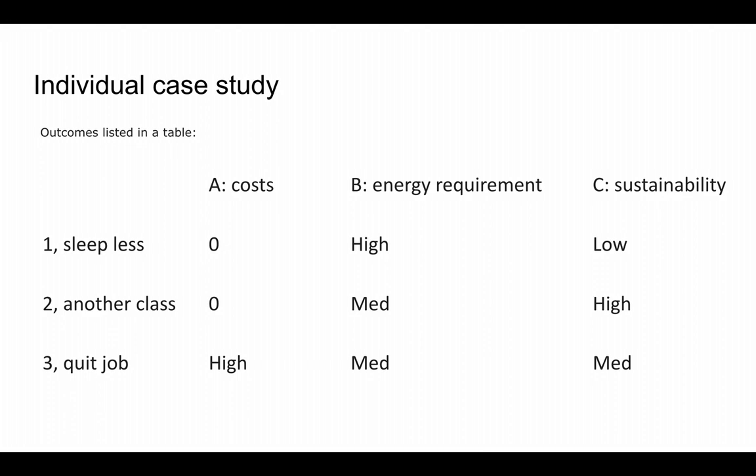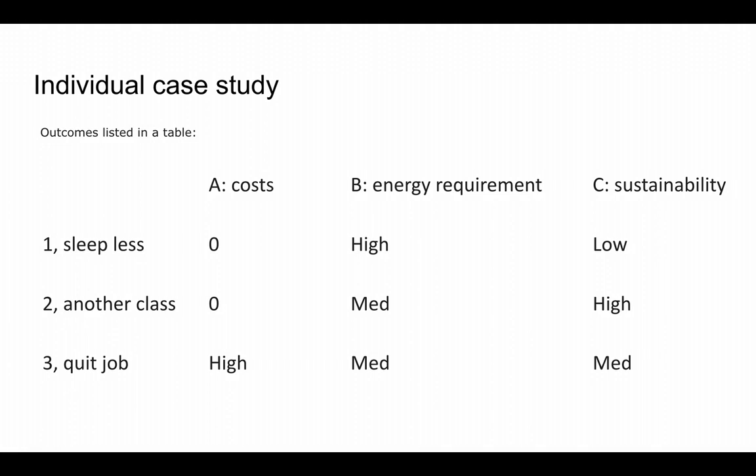Now, what's the best option? There are two different approaches. The first one we will say is a holistic approach, or overall approach. You take all the considerations, all the criteria, and compare them systematically. By looking at this, you possibly will say, oh yeah, maybe taking the class another time is the best option, because it's highly sustainable, only requires a medium level of personal energy, and bears no costs, right?